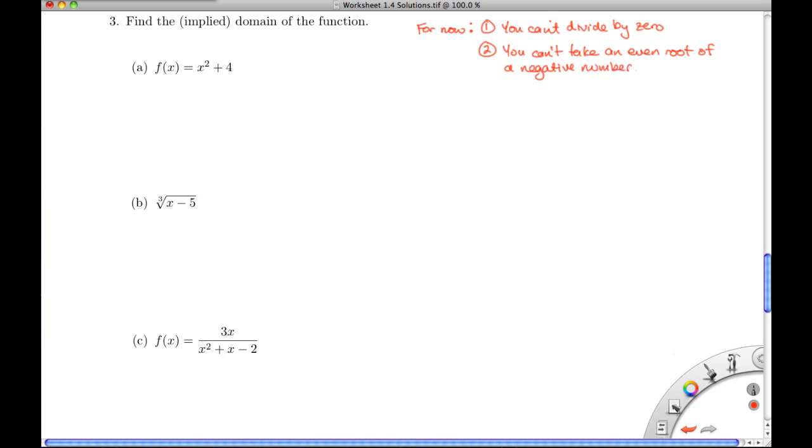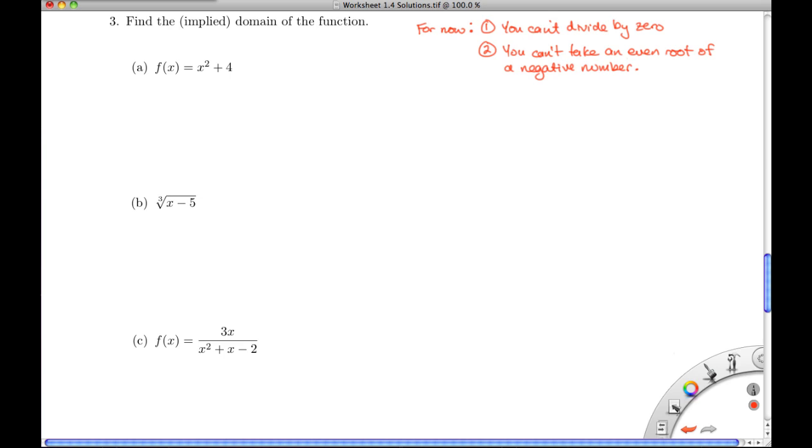And that is for real valued functions. So we can't do that in terms of the real number system. When we move into complex numbers and talk about imaginary numbers, then we can worry about that. But for now, we can't take the even root, so square root, fourth root, sixth root, eighth root of a negative number.